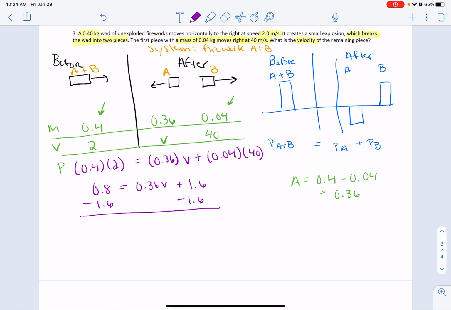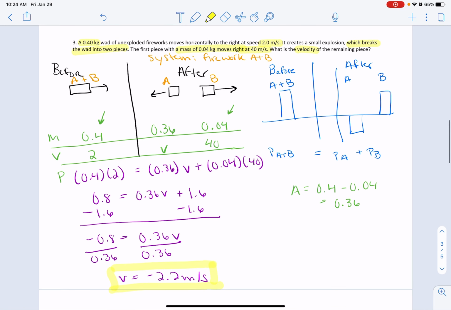And I'm going to get negative 0.8 equals 0.36 V. Then we're dividing by 0.36 on both sides. And if I put in my calculator 0.8 divided by 0.36, I get a velocity of negative 2.2 meters per second. Okay, and this is my final answer.